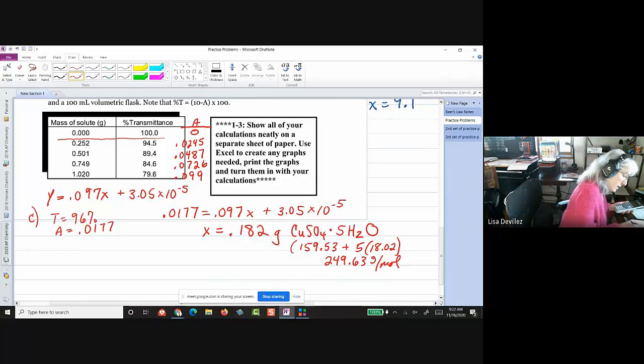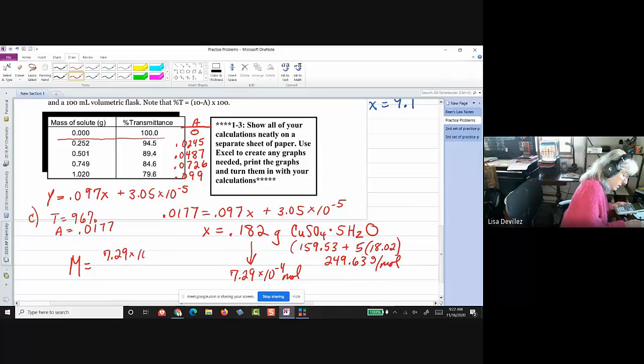Then 0.182 divided by that gives 7.29 times 10 to the minus 4th moles.